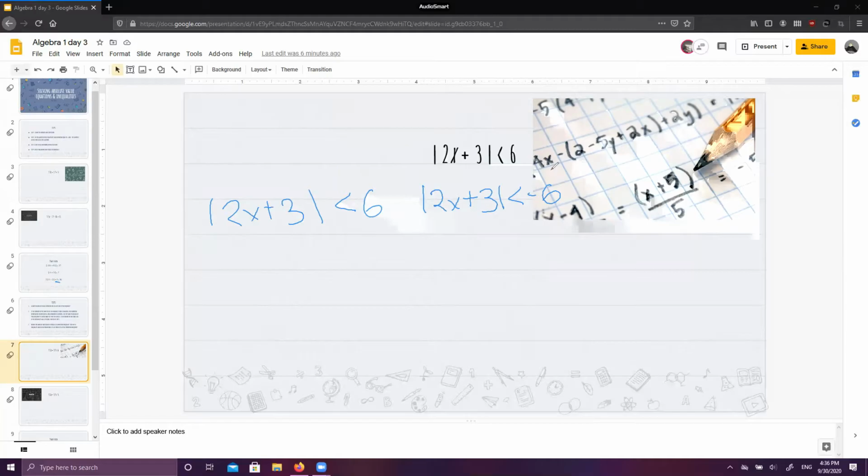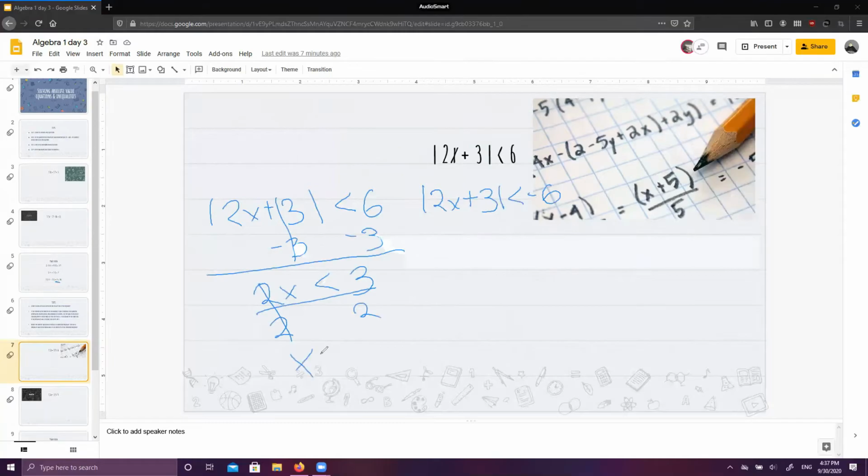For the positive 6, we would subtract 3 on both sides of the equation, so you would have 2x is less than positive 3. Divide both sides by 2, and you will have x is less than 3 over 2.